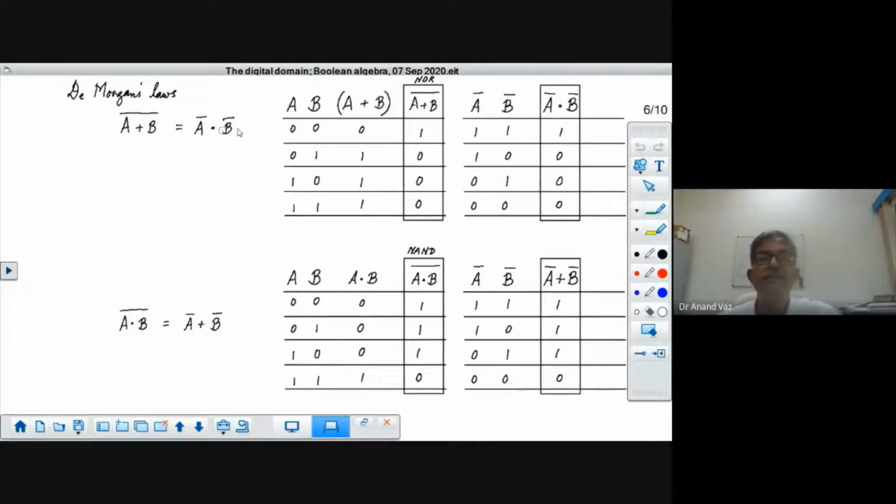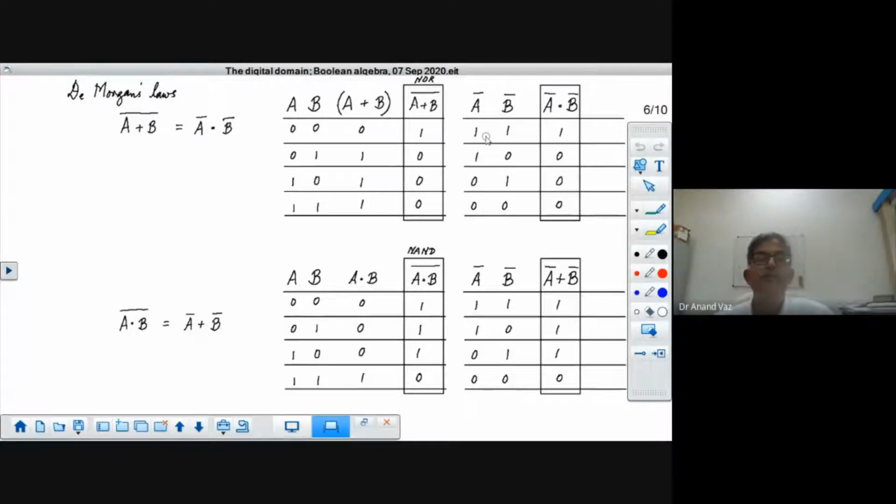On the left hand side, you can see I've got the inputs A and B, which can take these different values, and A or B is this, and the complement of A or B, so A NOR B, is given in this column.